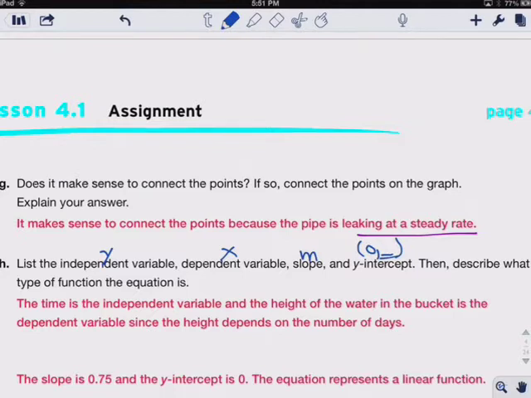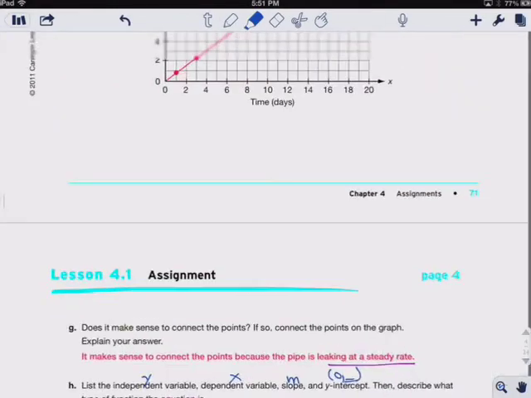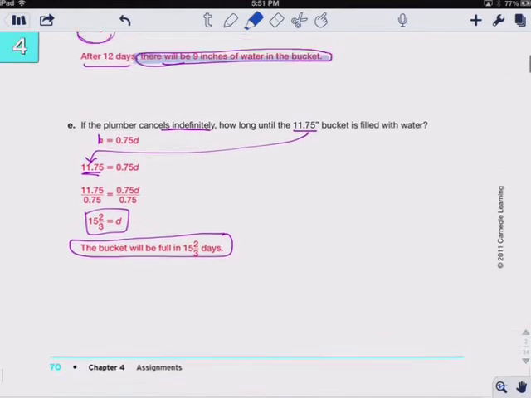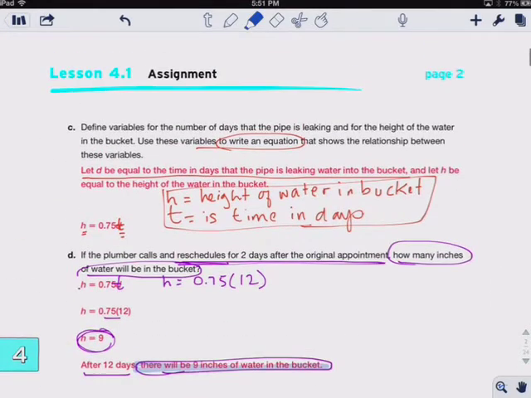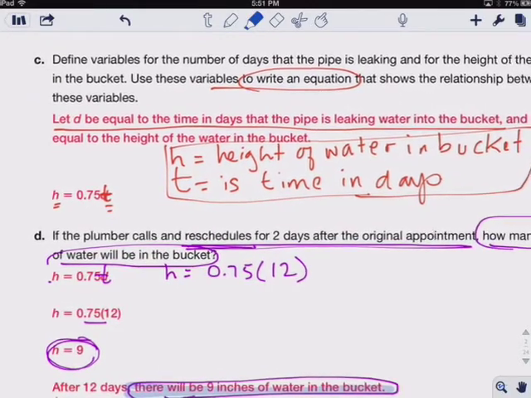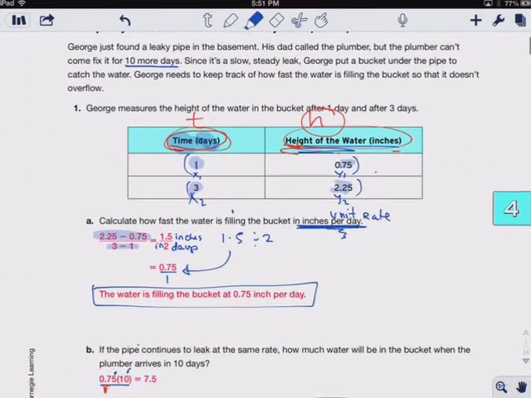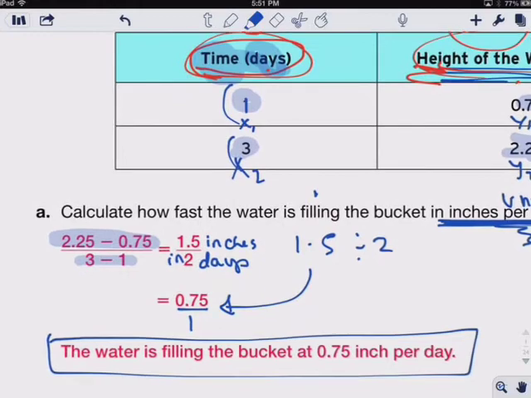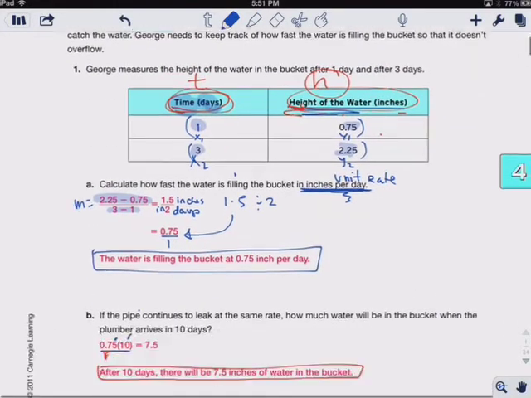Okay, time is the independent variable, and height of the water in the bucket is the dependent variable. The slope we found, remember, slope is rate of change. At the beginning right here, we were calculating slope, rate of change. Okay?